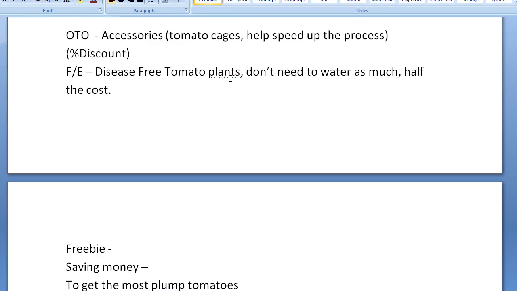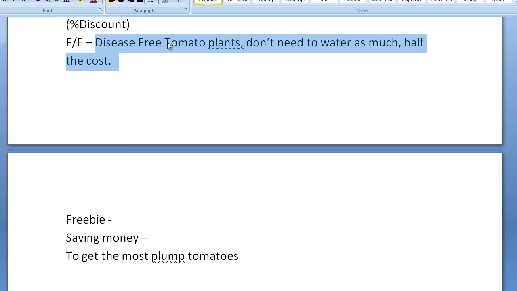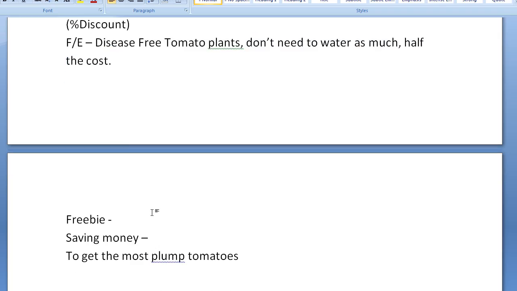And then of course we take a piece of that, and of course the freebie could be maybe one free seed, somebody that can actually test out on their own so that they fall in love with it and they come back to it and things like that.